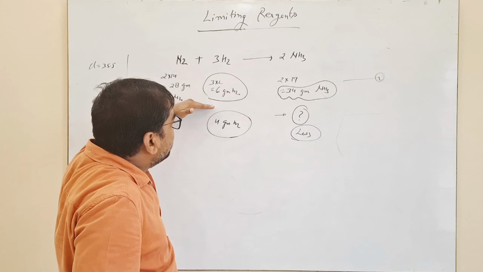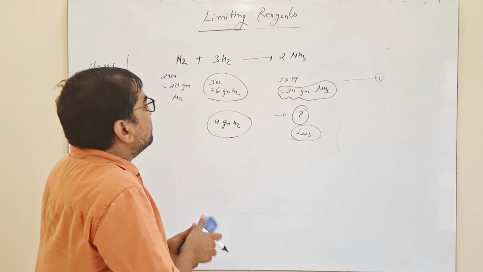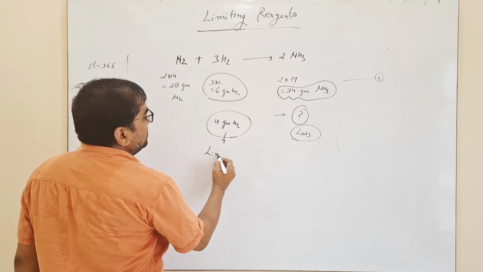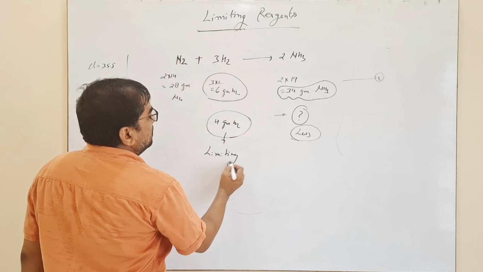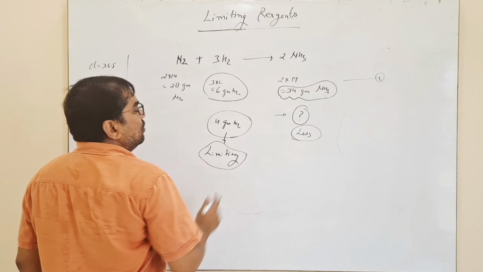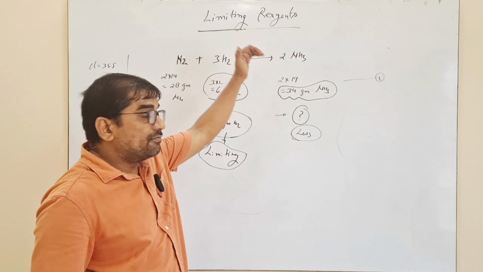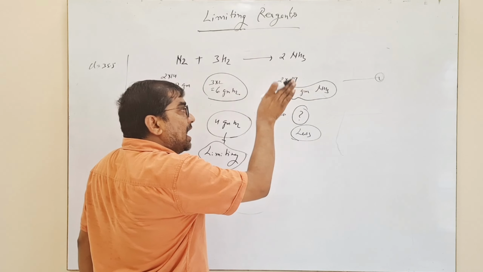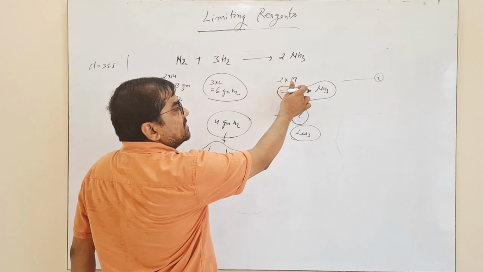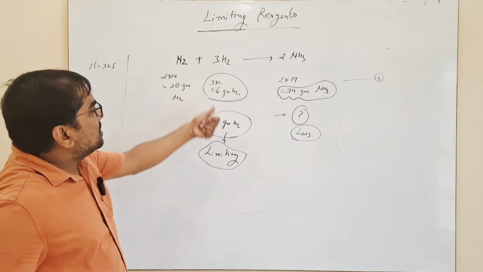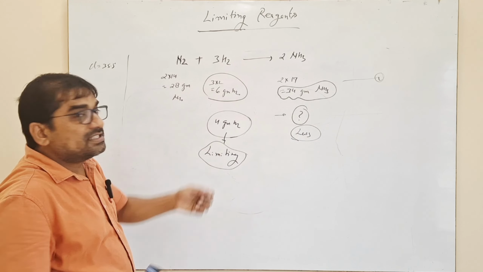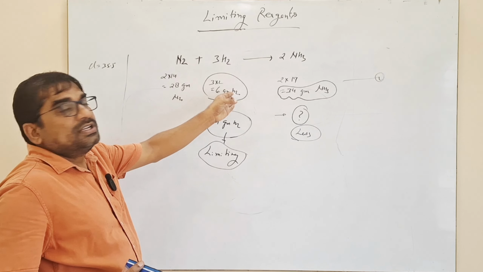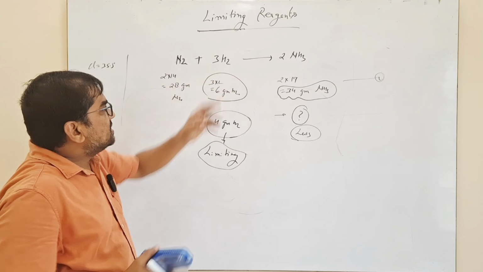So it's clear from the given amount that dihydrogen will be the limiting reagent here, because it will control the amount of the product formed, and the amount of product will be less as compared to the balanced chemical equation, because the limiting reagent has less amount used as compared to the balanced chemical change.